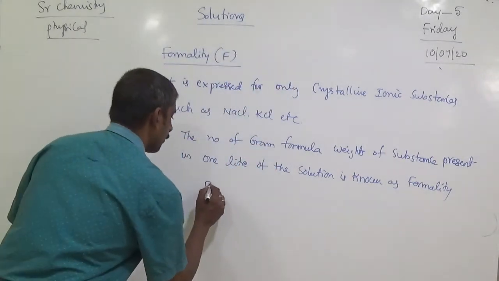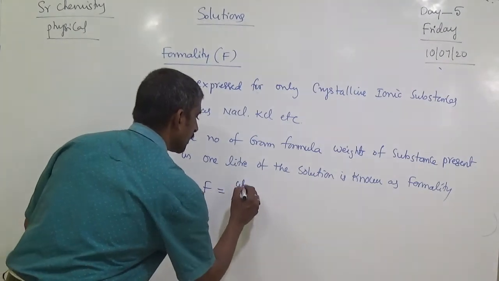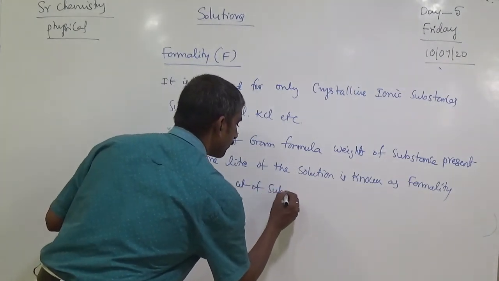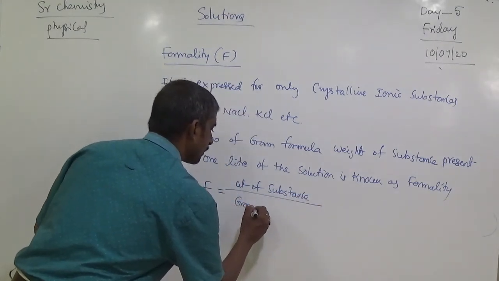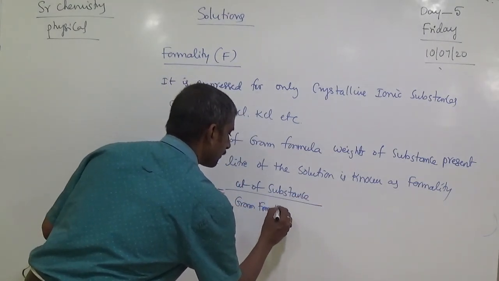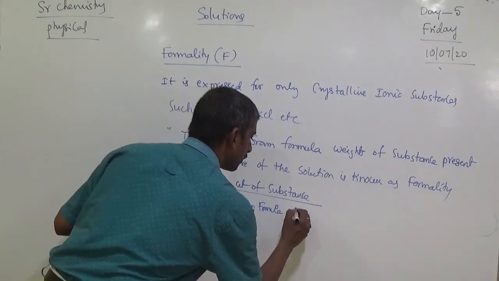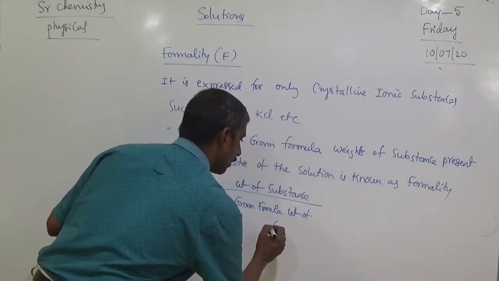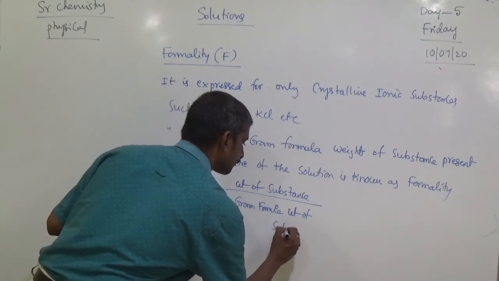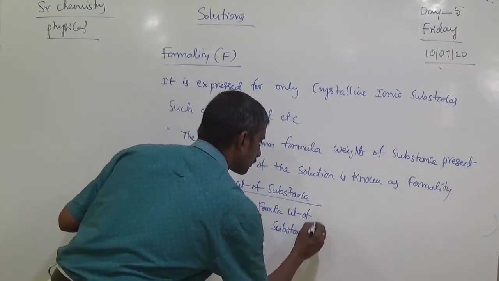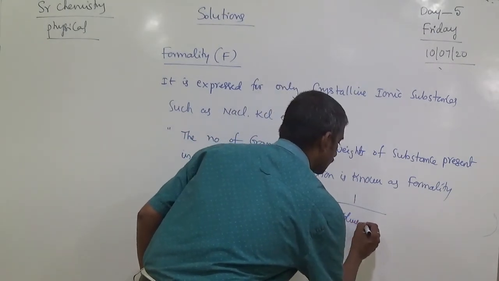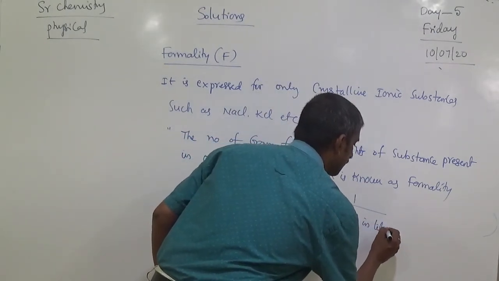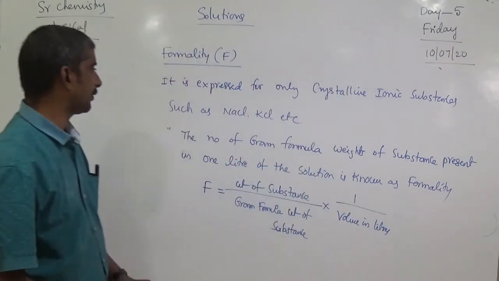That means formality F equals weight of substance by gram formula weight of substance, into 1 by volume in liters. So this is our formality.